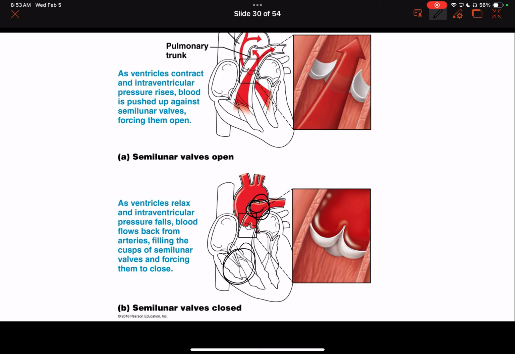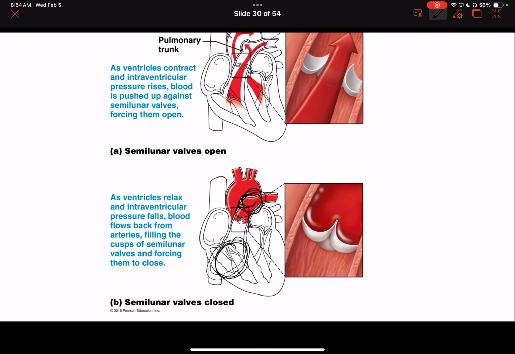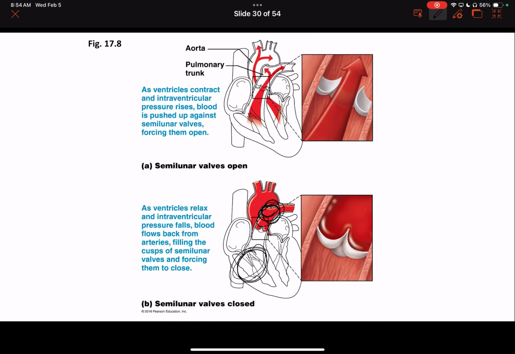And then once the pressure in the ventricle is less than the pressure in that vessel, now that it has received that blood, it can close back up and prevent that backflow. So your semilunar valves work off of changes in pressure, while your atrioventricular valves are going to rely on those papillary muscles to contract when they're supposed to close those valves.